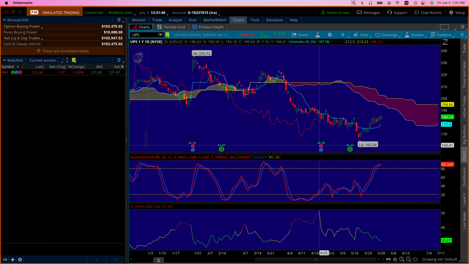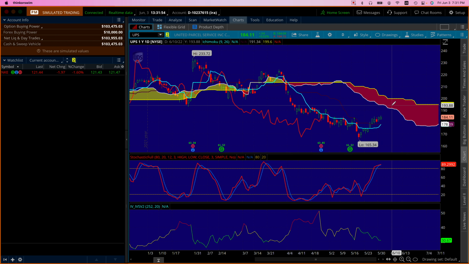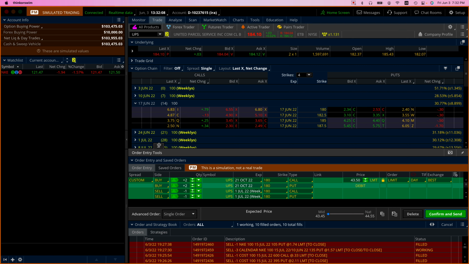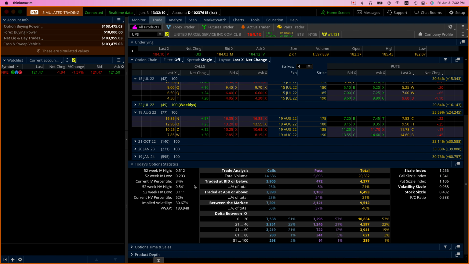Let's look at the chart of UPS. They reported earnings. They beat expectations. Despite that, the market went down. Is it likely to rally some more, or perhaps not? Look at the volatility here, near the bottom of the year. You can confirm that going to the trade tab, UPS, scroll down, and you see here that it says current IV percentile 34.